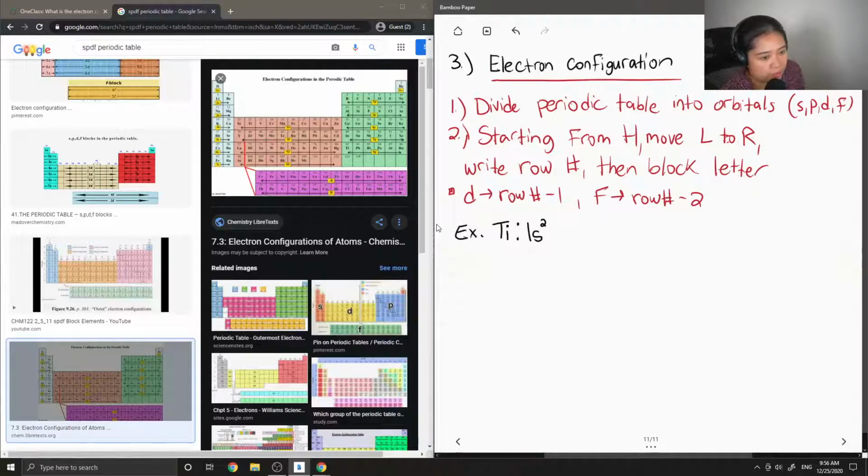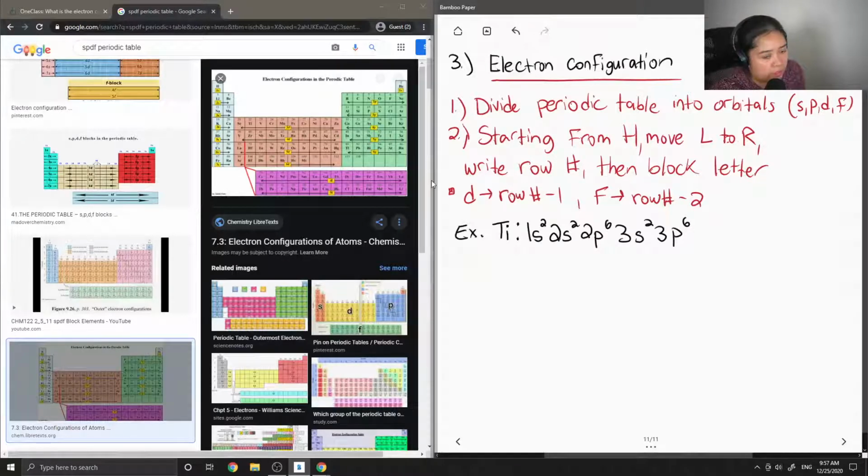Then we can do the same thing for row 2, block S, and then up to the beryllium, here, it'll be 2s2. And then moving over to the P block, it is 2p6. So now we're at neon. And then over to the next row, it's 3s2, and then 3p6.